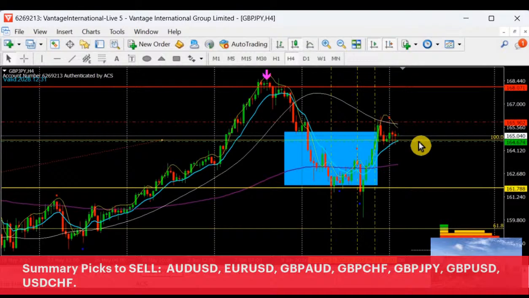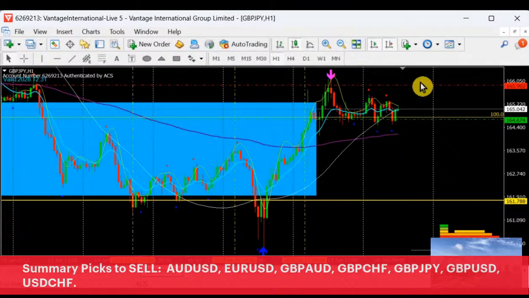Because for pound yen, I'm still waiting for it to test on the resistance.